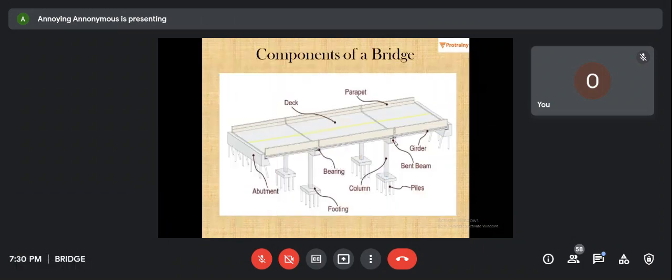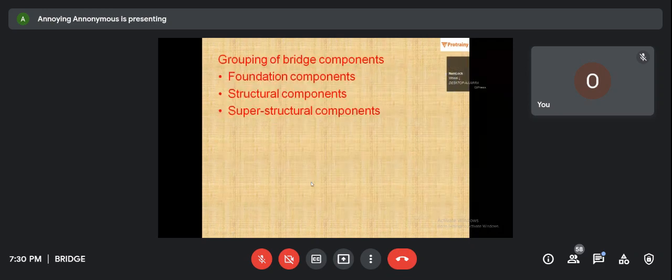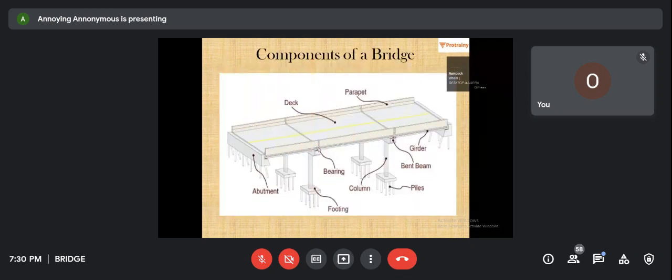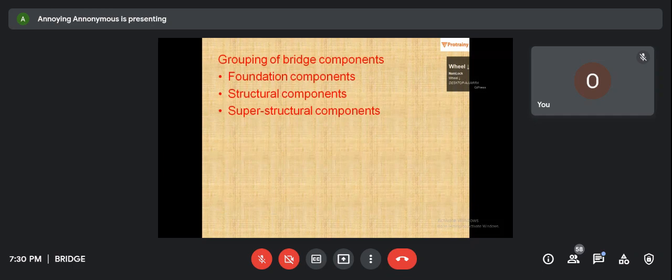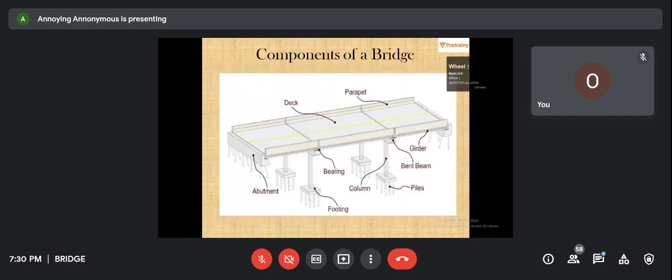Everything below the bearing point and above the foundation is called structural components. And above the bearing, we have the deck, and the deck is called the superstructural component. So these are the major components of a bridge.